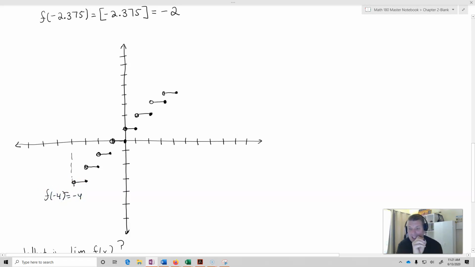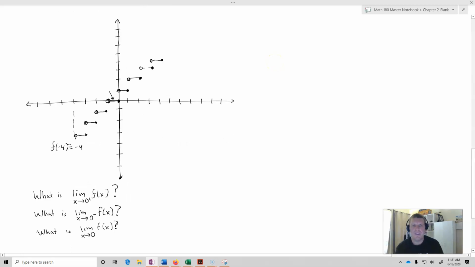But anything just slightly more than that is going to end up being negative 3, because that's the next greatest integer. If we go anywhere between negative 1 and 0, it's going to be 0. So that's in this area right there. But f of negative 1 is negative 1. Sit there and think about that for just a second. Make sure you understand what the function is actually saying: it's the next greatest integer.